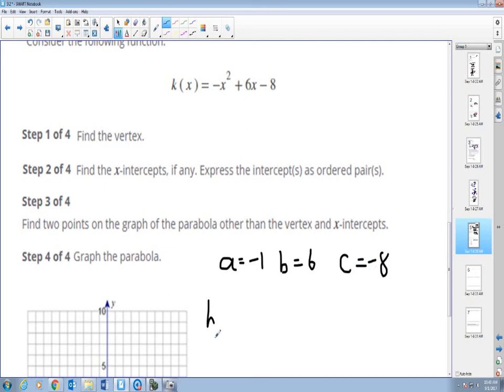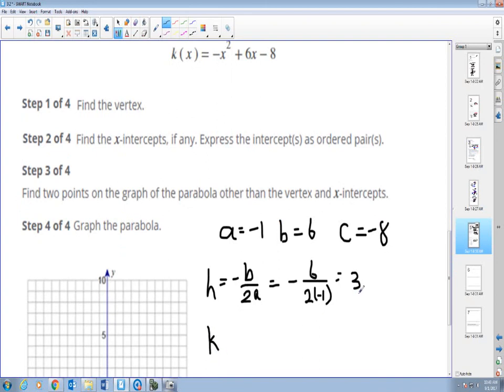So my h, or my x value of the vertex, is negative b over 2a. That'll be negative 6 over 2 times -1, so that will be negative 6 over -2, which is positive 3.